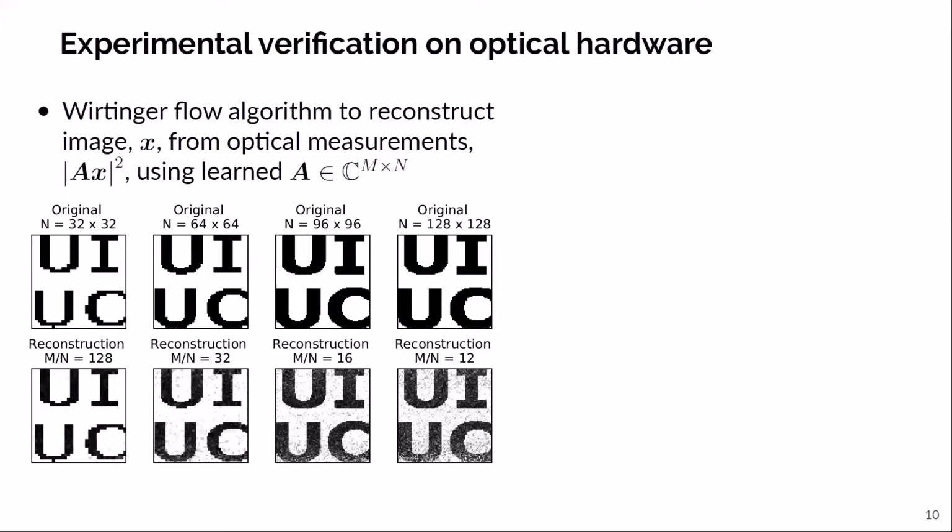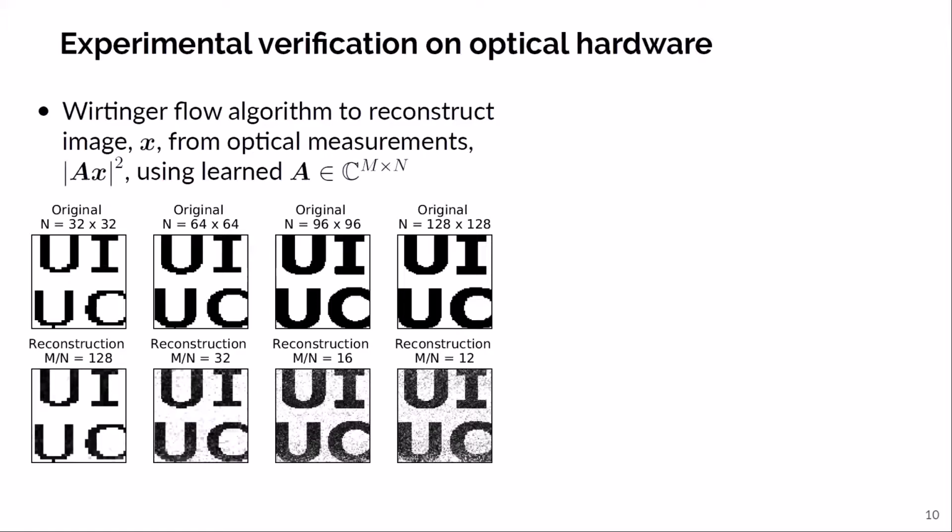So let's actually verify some aspects of our method experimentally. So we use the same hardware setup as I described before. And now we actually take the learned transmission matrices, which we recovered, and actually use them to do imaging.